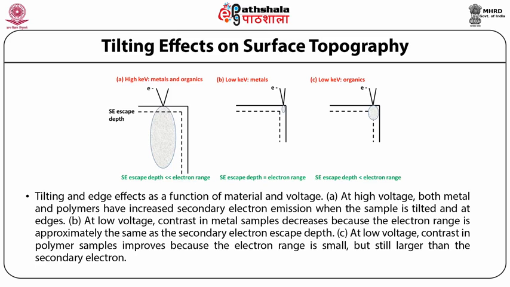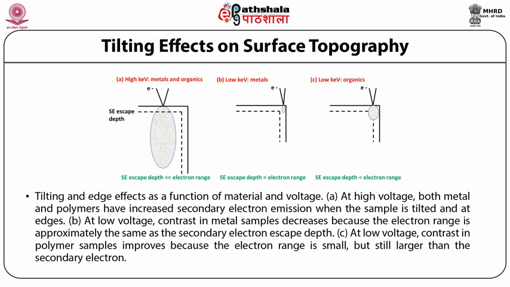In materials at low accelerating voltage, the electron range is approximately the same distance as the secondary electron escape depth. For example, in gold at 1 kiloelectron volt, the electron range and the secondary electron escape depth are approximately 50 angstrom.